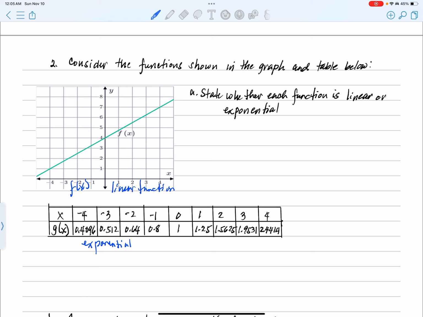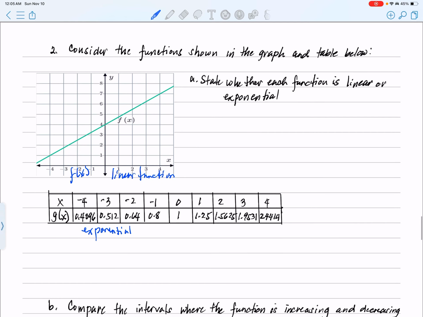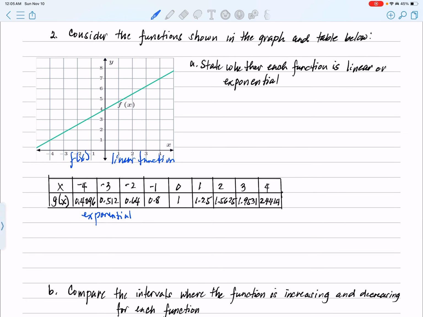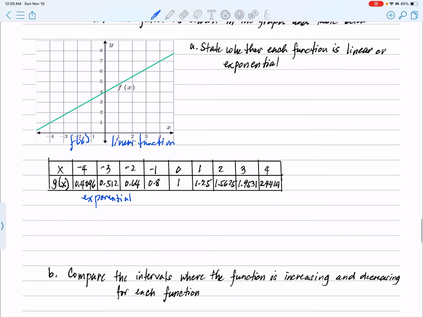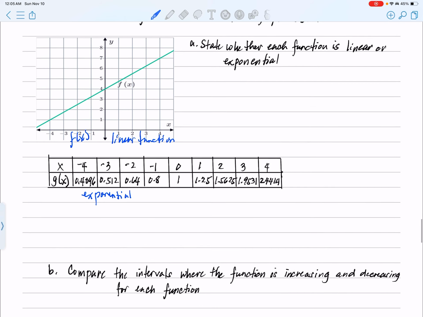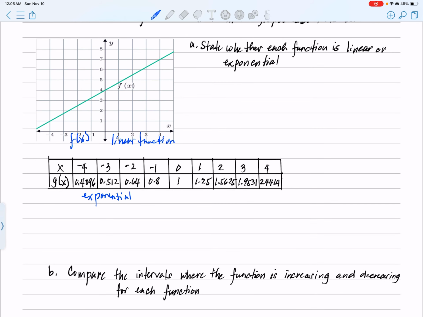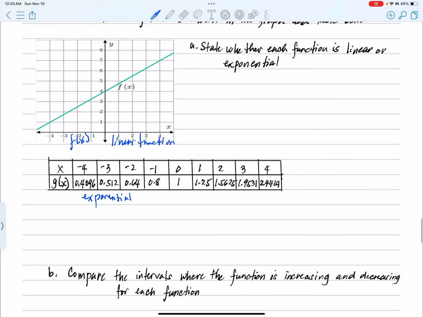So from the table, we use differences or ratios of outputs to determine. We can start by finding the difference in the output here.